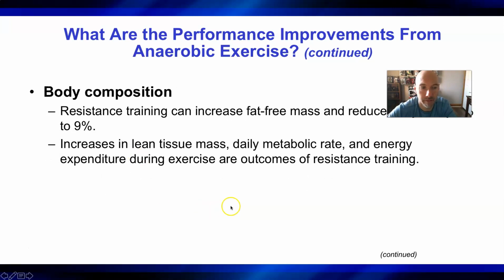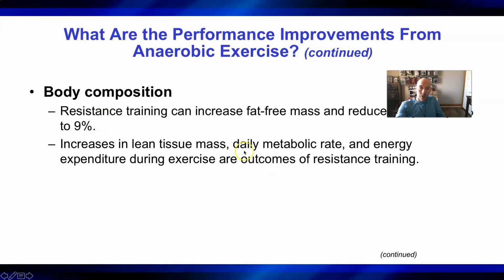Body composition, just to finish up a few last variables here. A lot of people think that resistance training and anaerobic exercise in general is the best way to lose body fat. So just in general, resistance training has been found in research studies to reduce body fat percentage from 1 to 9%. Okay, so 9% is pretty significant.